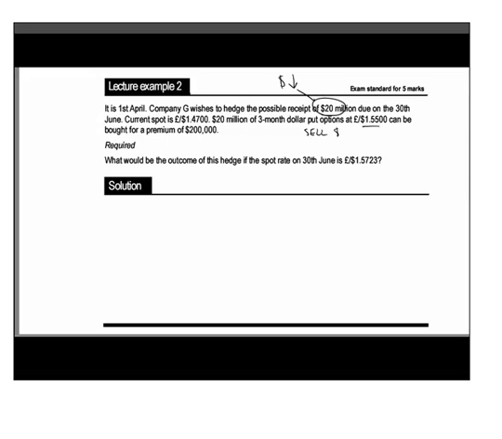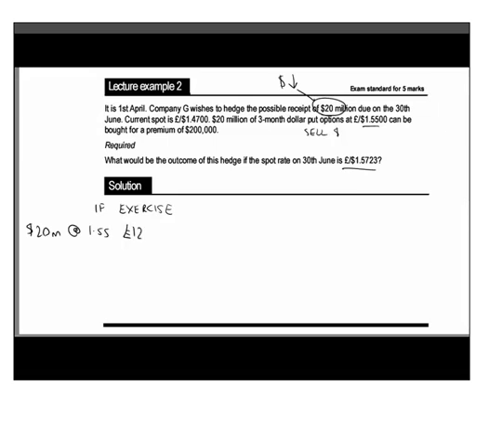So what's the outcome, assuming that we go for that option and then the spot rate on the 30th of June is $1.5723 to the pound? Well, if we exercise the option, then we sell our $20 million at a rate of 1.55, and that means we will receive £12,903,000.